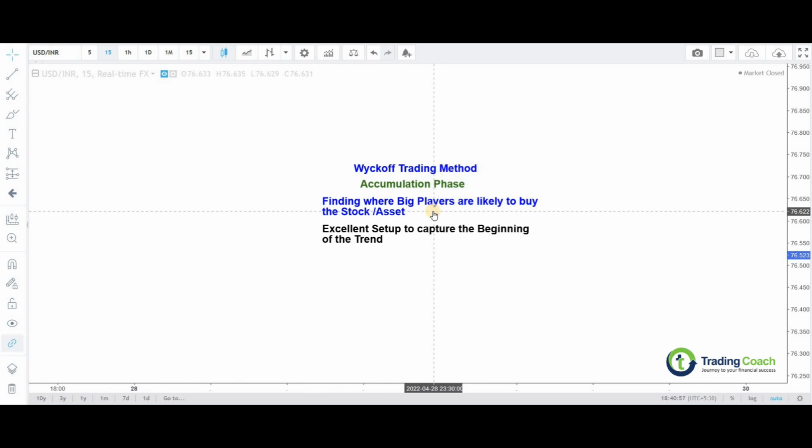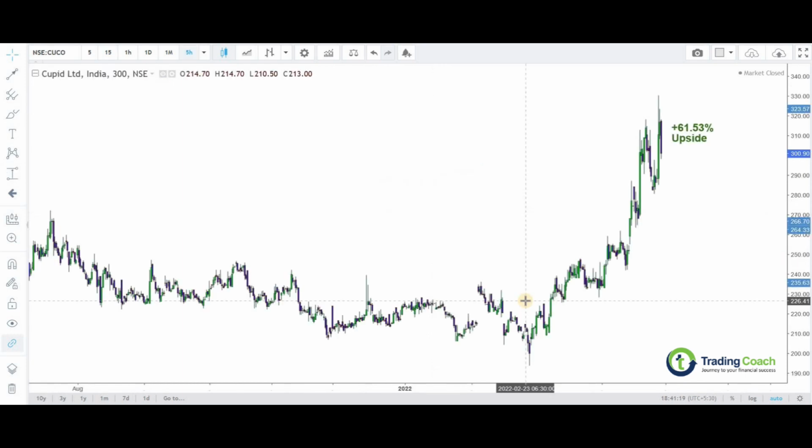All right, let's get into the topic. Right now I'm looking at Cupid Limited on the 5-hour time frame. If you look at this particular chart, you can see that we have a nice upside trend.